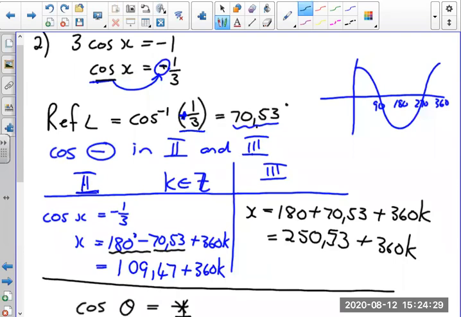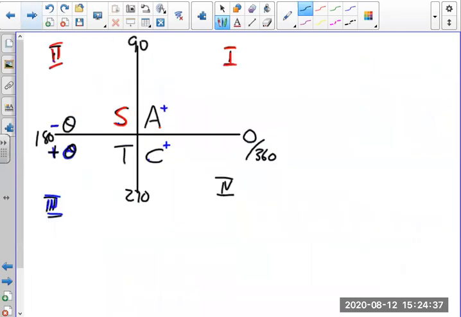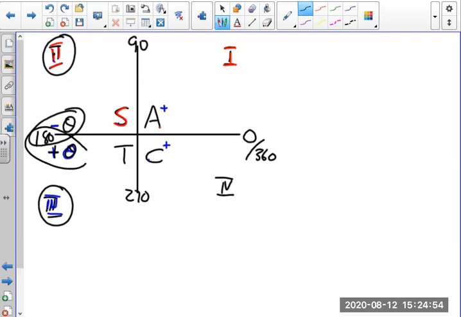But now you must fix it again by saying, okay, cos is negative in quadrants 2 and 3. And to work in quadrant 2, I must say 180 minus my reference angle. And to work in quadrant 3, I must say 180 plus my reference angle.